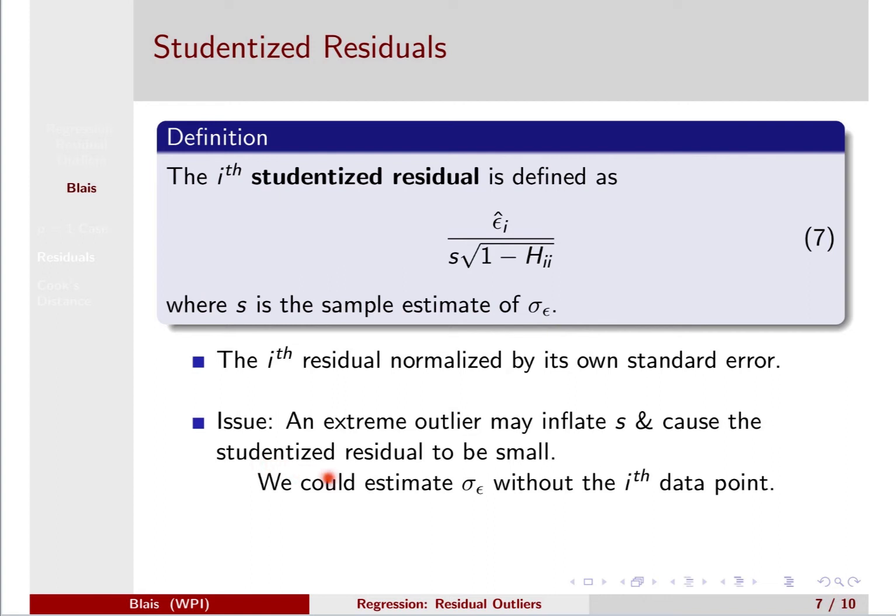Now, we have to think about this a little bit, because this s is common to all of the ith studentized residuals. It's just that sample standard deviation of those raw residuals. So one problem is that an extreme outlier can blow this up.